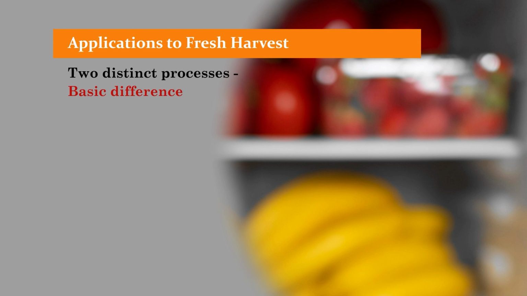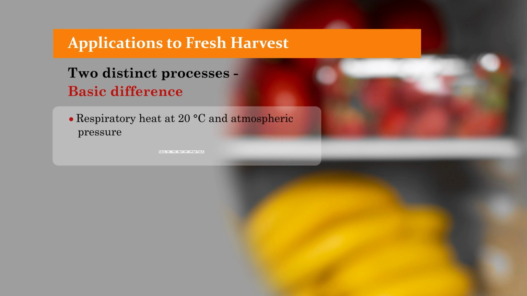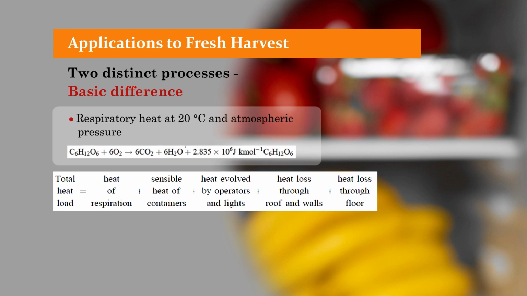And going further, the respiratory heat at 20 degrees centigrade and atmospheric pressure is of the order of 2.8 into 10 to the power 6 joule per kilo, joule Kelvin per mole. Why? There is a molecule of glucose that is being oxidized, and that is how this exothermic reaction takes place.